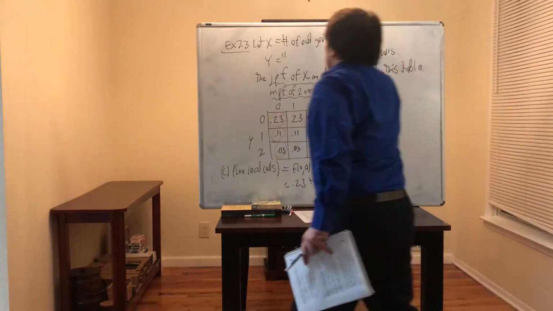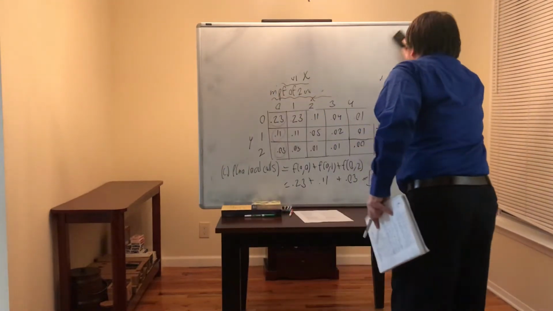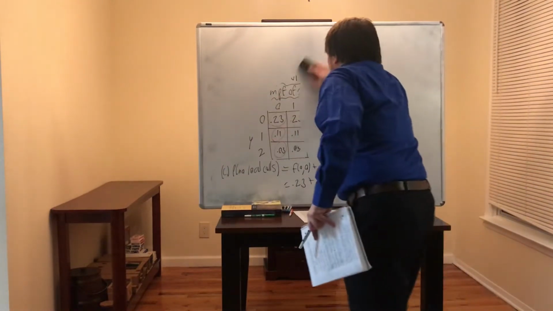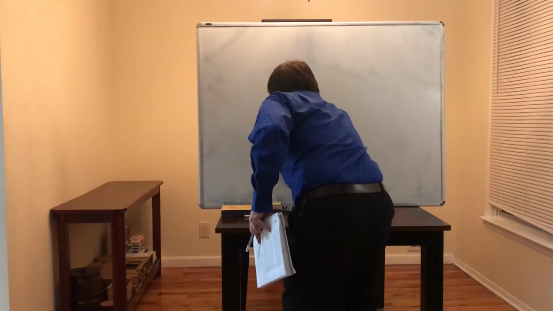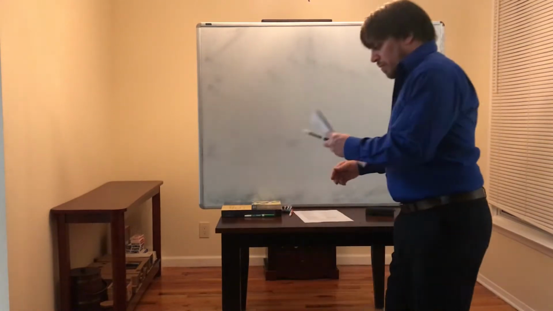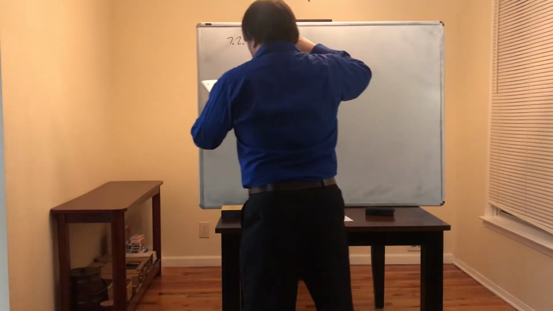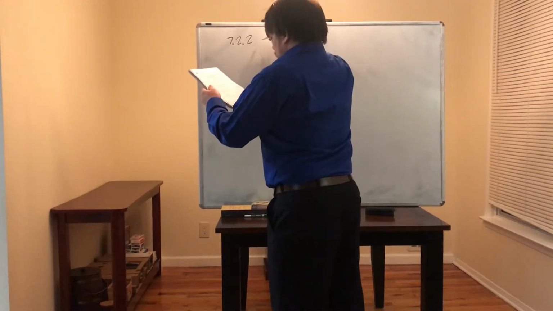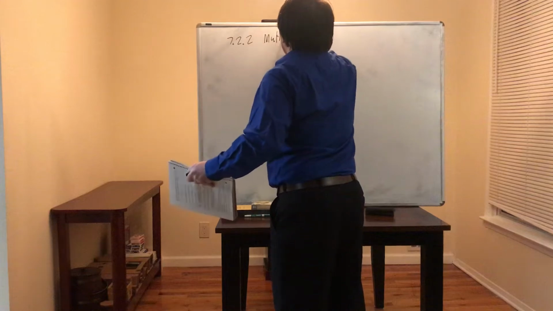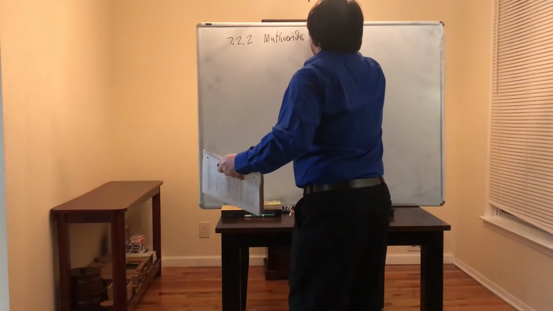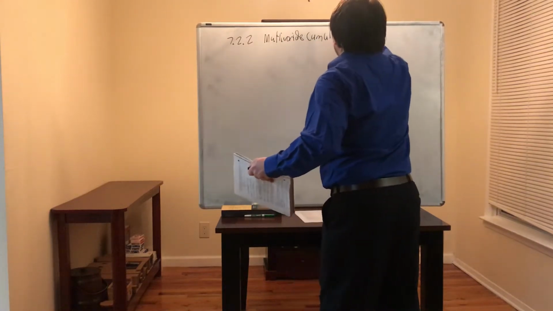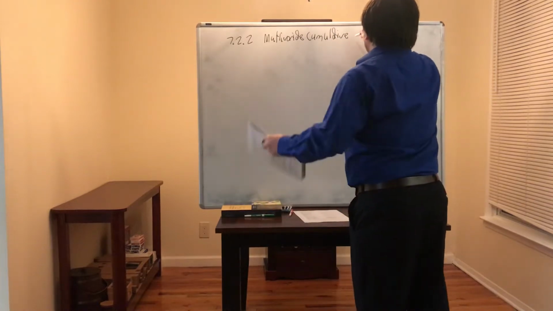Okay, keep going. Now 7.2.2. That's multivariate cumulative distribution functions.